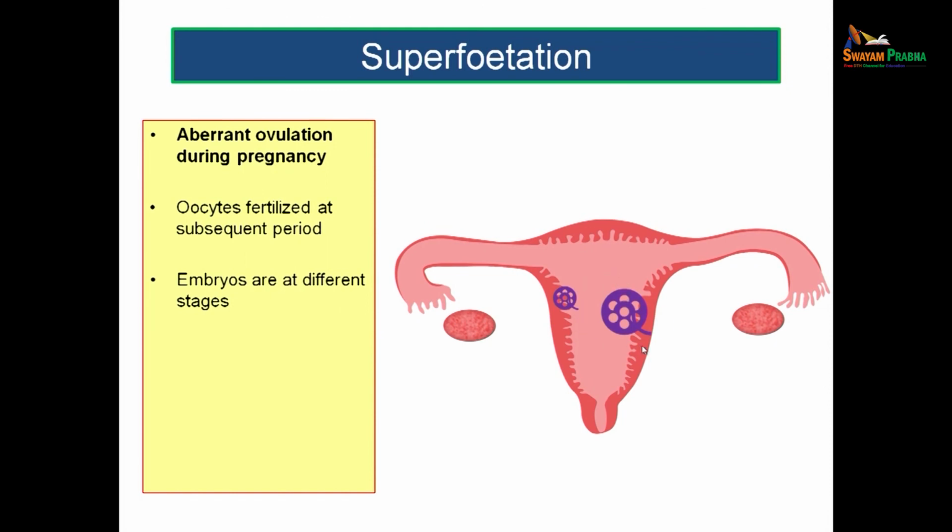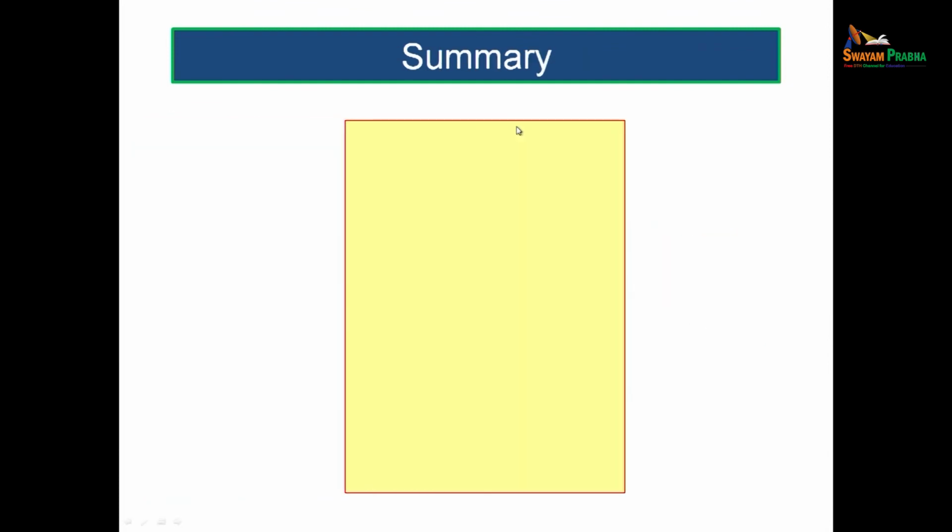So, inside the single uterine cavity you will be getting two zygotes implanted, but at different stages of development. So, the embryos will be at different stages of development. This usually happens when there is aberrant ovulation during pregnancy. Normally during pregnancy you won't be getting ovulation, but if there is any aberrant ovulation during pregnancy, you will be getting embryos at different stages of development in a single uterine cavity. Such a condition is known as superfetation.